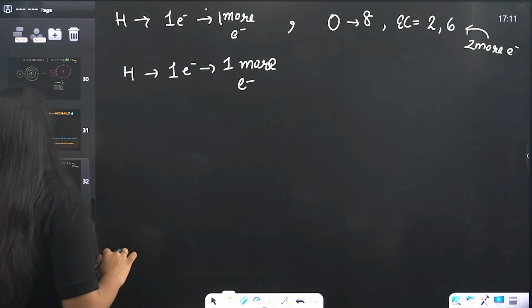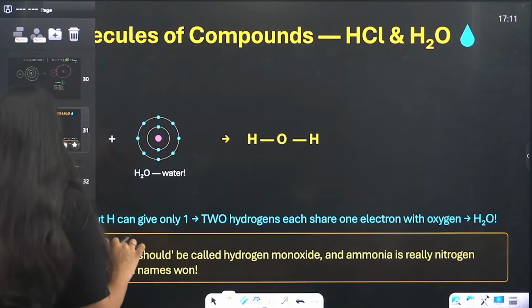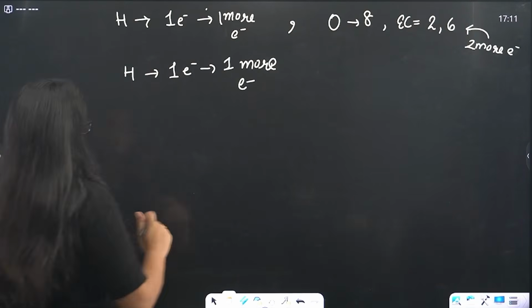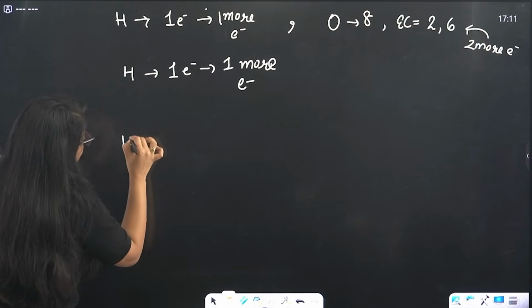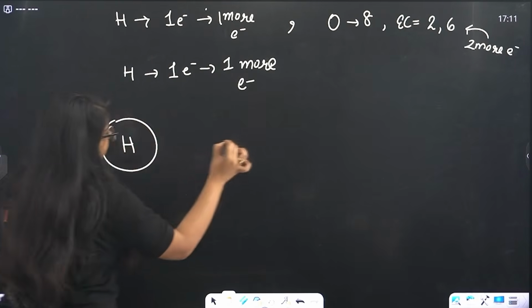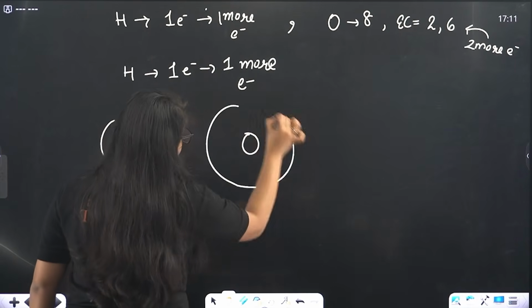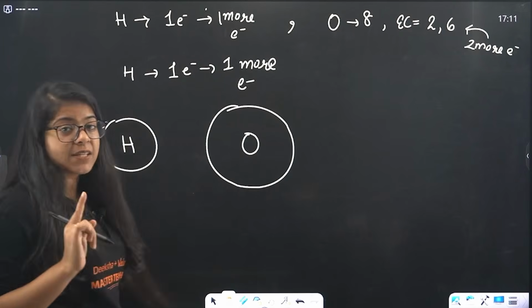So what will we do? Look at this: we have 1 hydrogen, 1 oxygen, and another hydrogen. I'm just making the valence shell now.